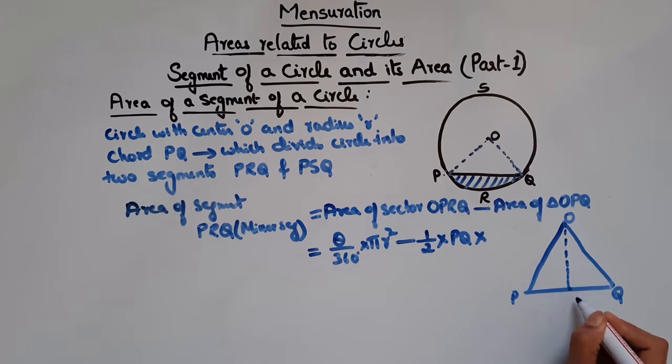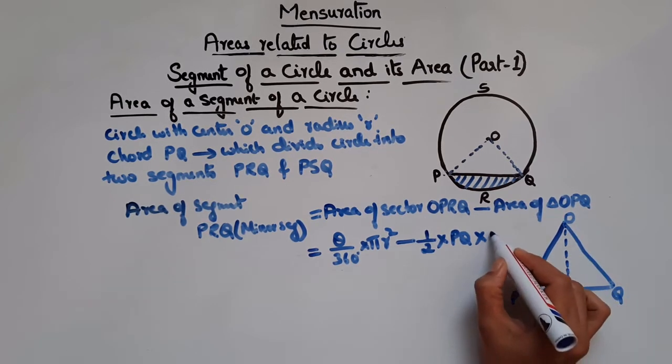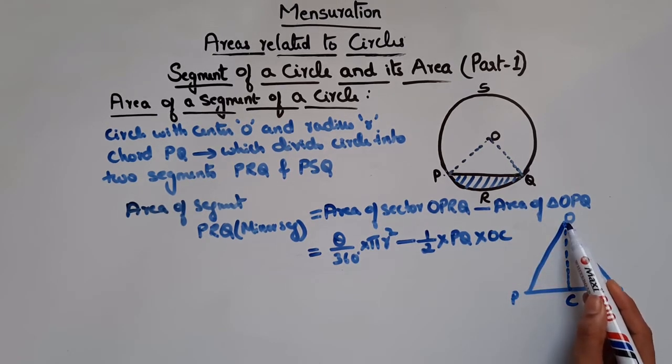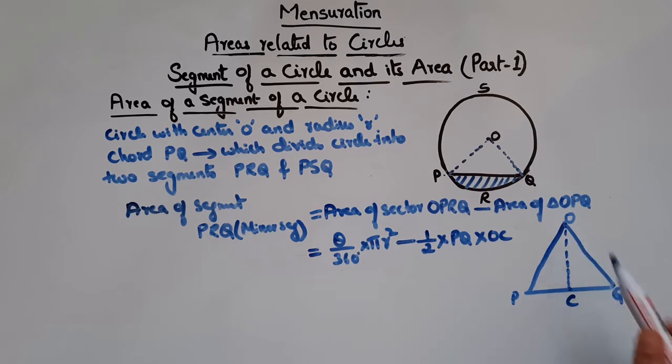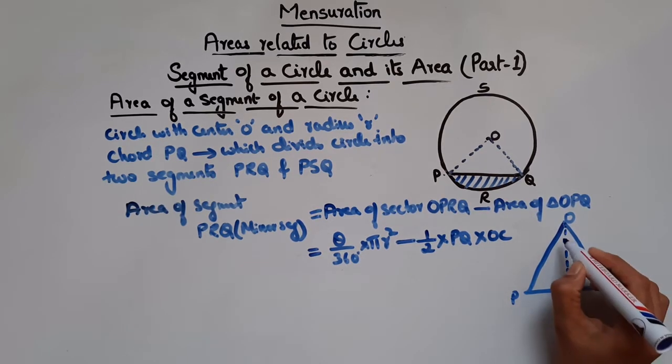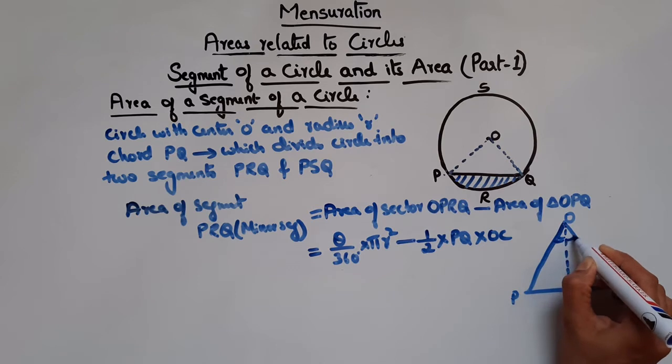Let's take this point of intersection as C. So the height of this triangle is OC, right? We know when a perpendicular line is drawn from the center to the chord, that line bisects the chord. So here PQ is a chord, which means PC is equal to CQ, right? And we have also seen this angle is equal to this angle.